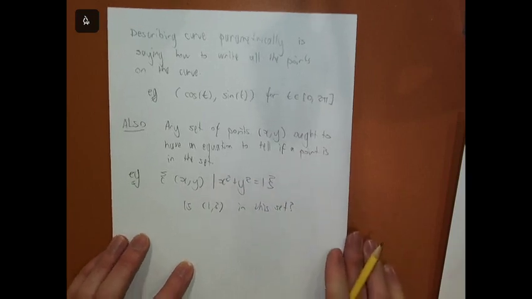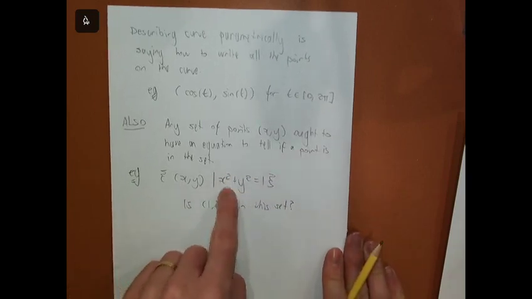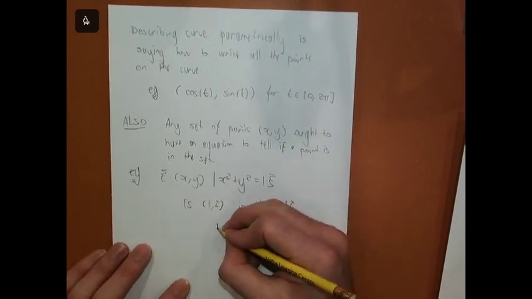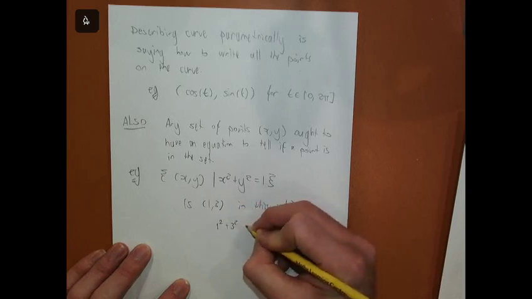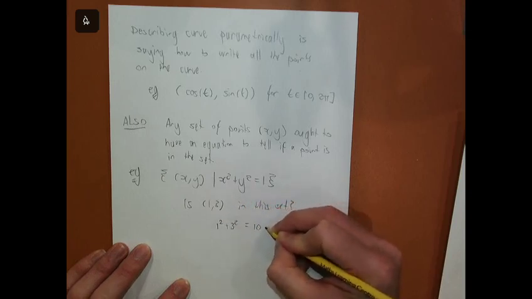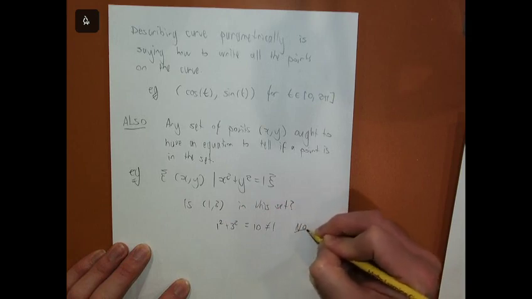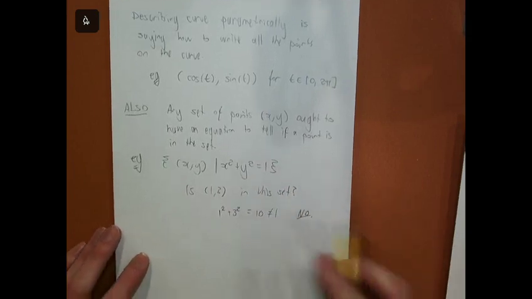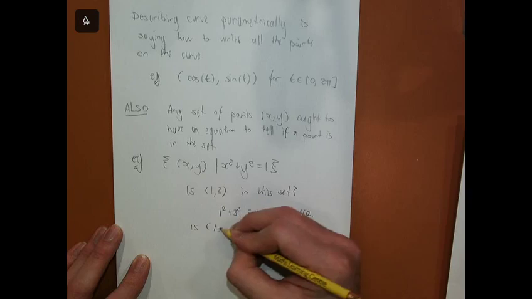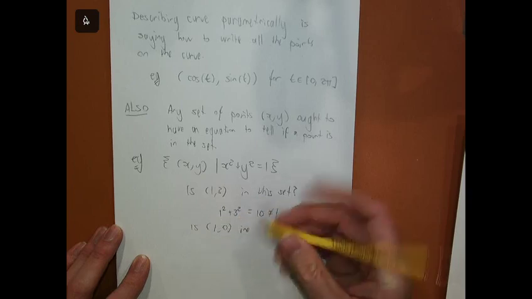Well, I can tell because all the points in the set, their coordinates satisfy this equation. So let's see, 1 squared plus 3 squared is 10, which is not 1, so no. This point is not in the set. Is the point (1, 0) in the set?